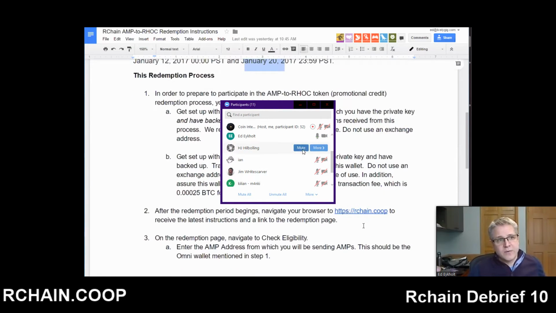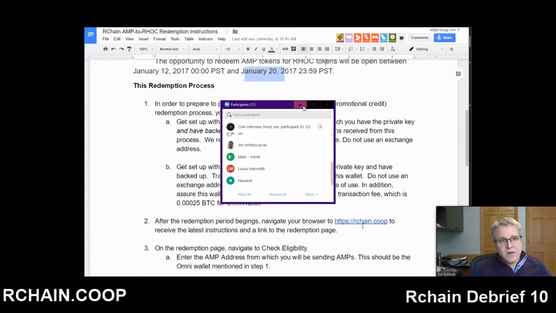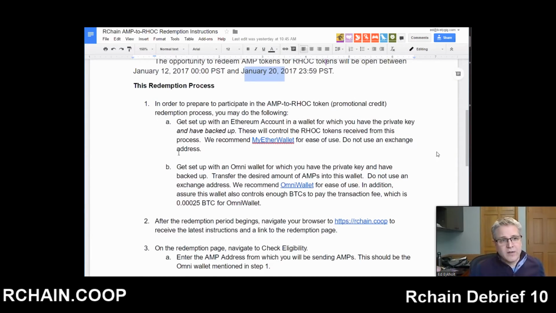So the redemption process will require that users have both an Ethereum wallet and an Omni wallet. Everyone that wants to participate should make sure they're set up with those, and exchange addresses should not be used. On the Ethereum side, we recommend MyEtherWallet, and on Omni, we recommend Omni wallet.